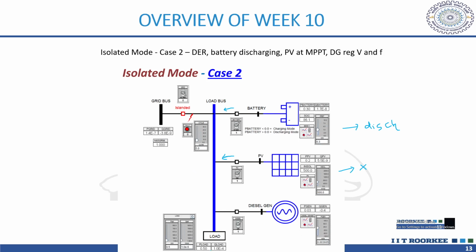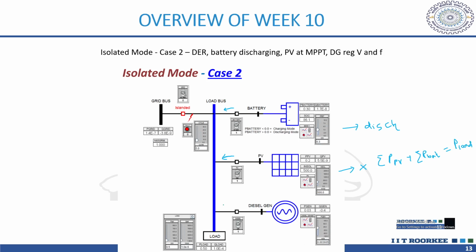Load is at 0.5. So you see the summation of P_PV plus P_battery is matching exactly to the P load, that is 0.5.